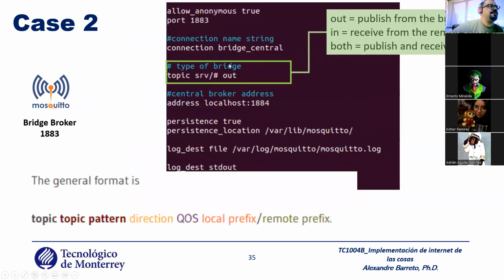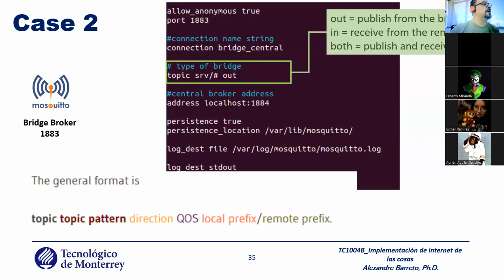And the type of bridge is very important. You have three types of bridge: out, in, both. In the both, the bridge broker can receive messages from other brokers, like a central broker, or send messages to the central broker.